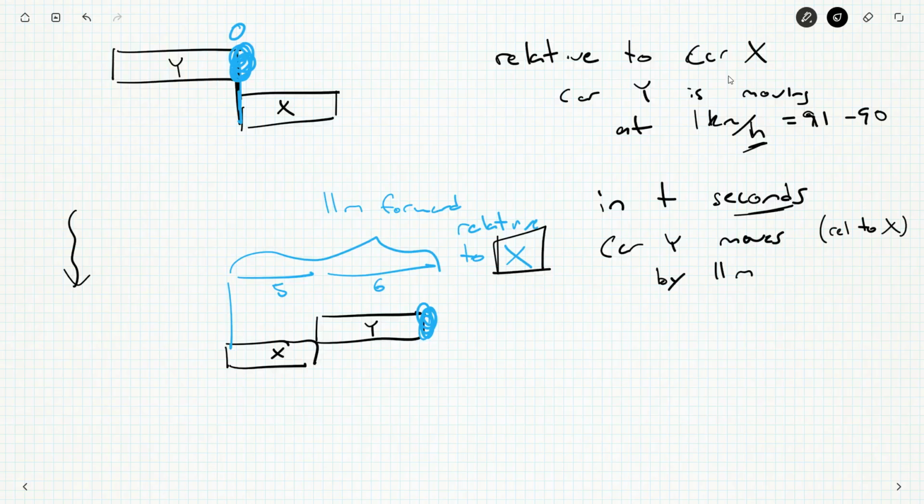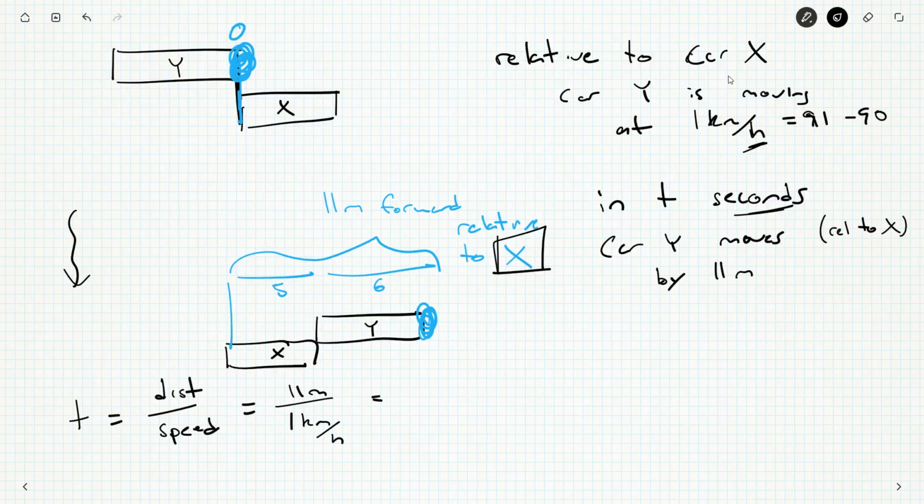Okay. Now I'm going to change. So we understand we have the distance we want. We have the speed here. We just want t. So t is the time, and that's distance over speed. So t is the time to go 11 meters going at 1 kilometer per hour.